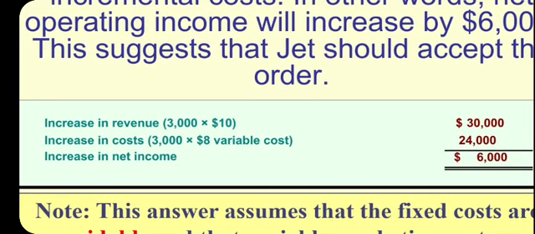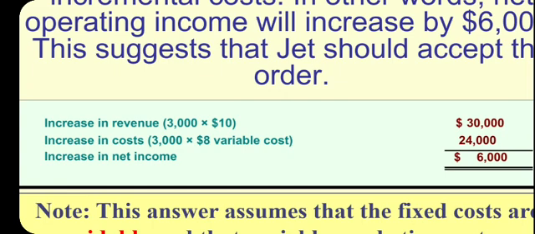The quantity of the special order is 3,000, and the price of one unit for the special order is $10. So the increase in the revenue is 3,000 units times $10. So the increase in the revenue is 30,000.